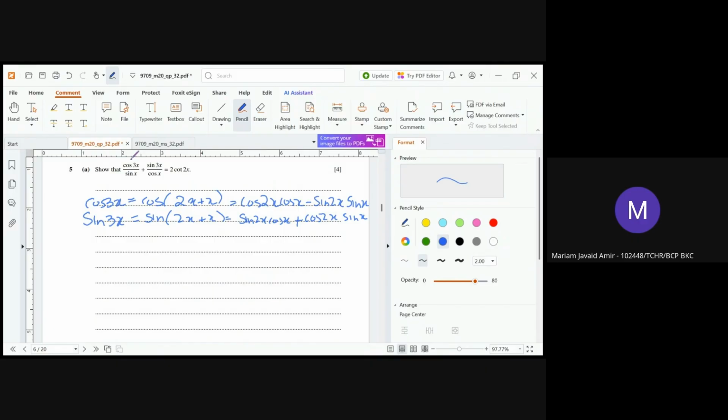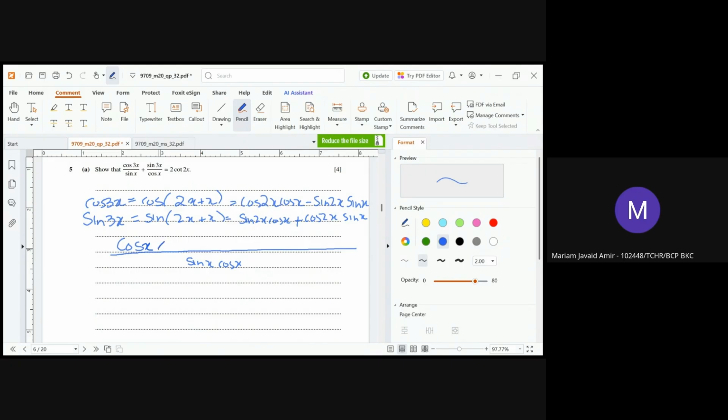Now we will substitute these values of sin 3x and cos 3x in this equation and simultaneously take the LCM. So in the denominator, we'll have sin x cos x. In the numerator, I'm writing sin 3x, which is this, but multiplied by cos x because we've also taken the LCM. In fact, let me do that in two steps.